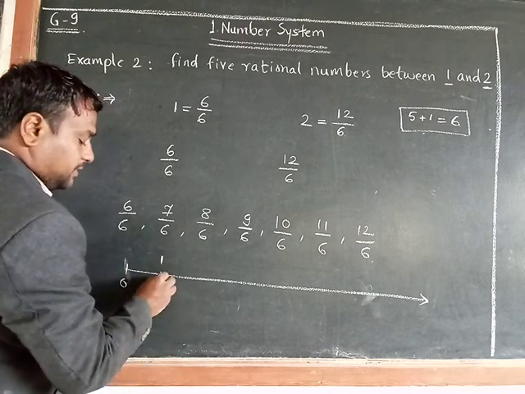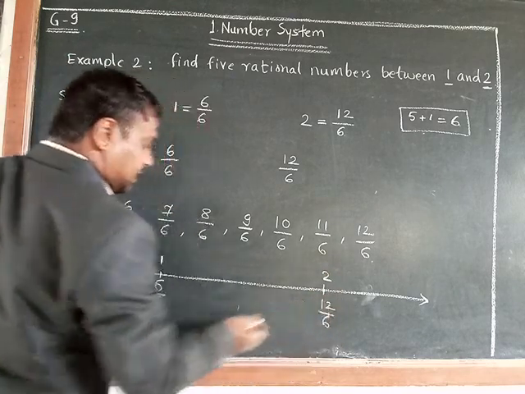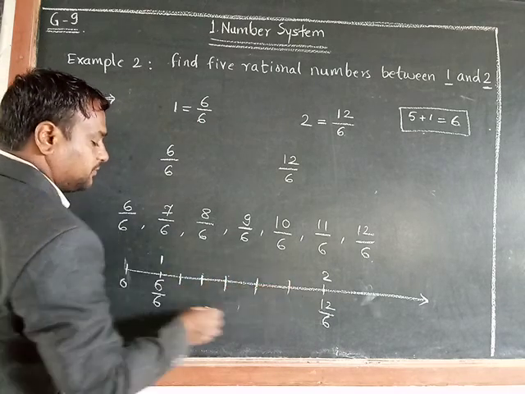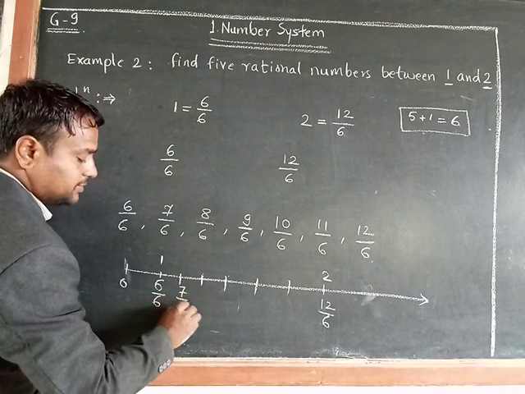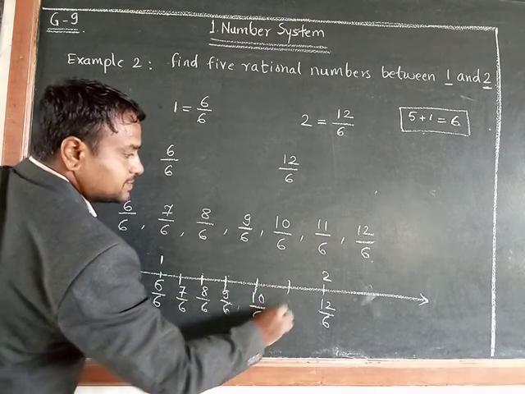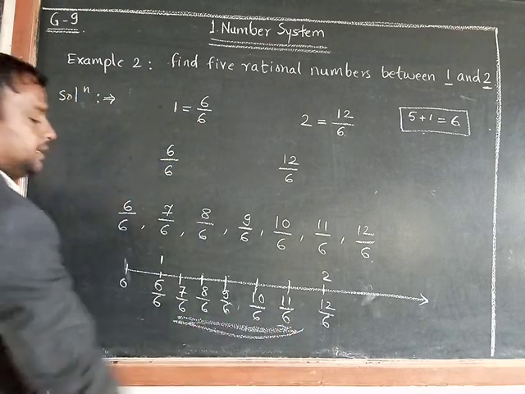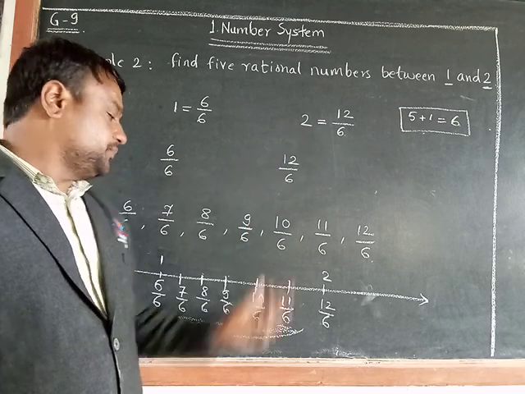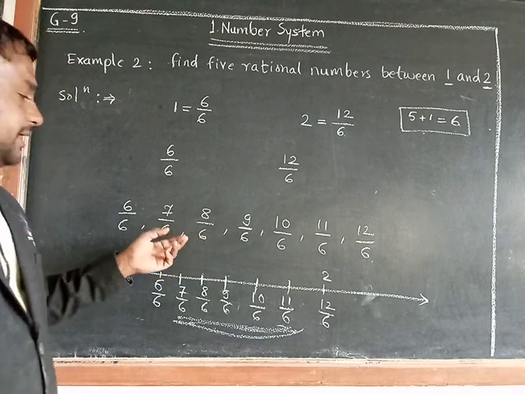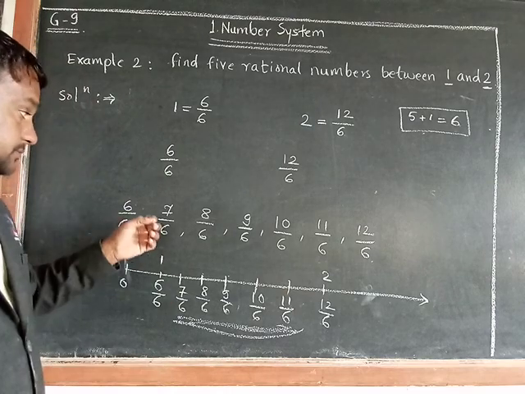And if we divide it properly, here we can represent 12 upon 6, and if we divide it into 5 parts, we can easily show here 7 upon 6, 8 upon 6, 9 upon 6, 10 upon 6, 11 upon 6. So all those numbers are between 1 and 2 with equal distance. So that is the easy method to find out the rational numbers between any two numbers.